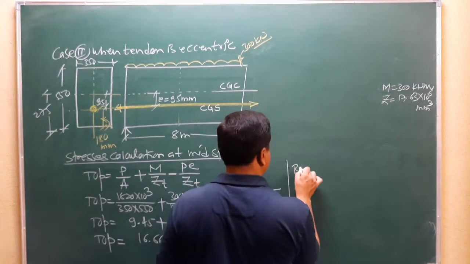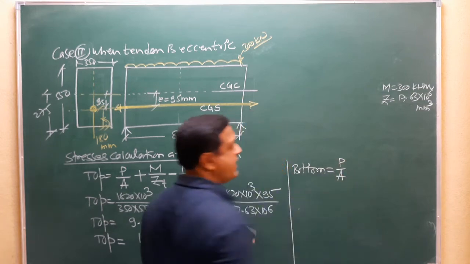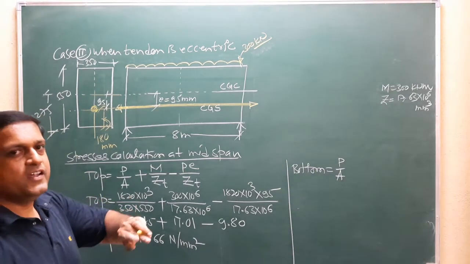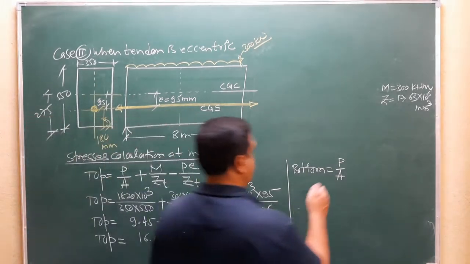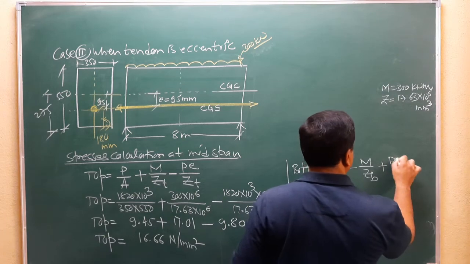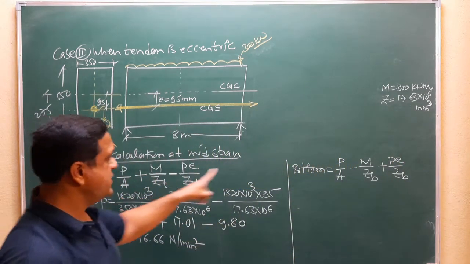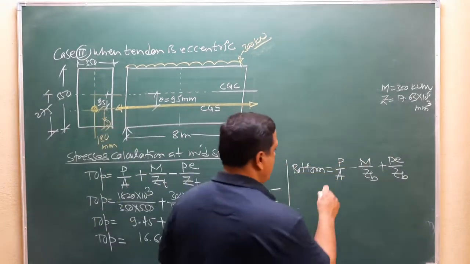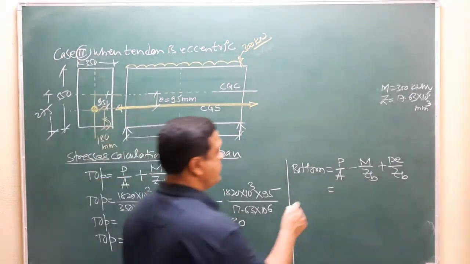What is the bottom fiber stress? So P by A. Write down all these terms, but change the sign, excluding this term. So P by A minus M by Z bottom plus P into E by Z bottom. So M by Z is plus here, minus; P into E by Z here minus, you have to put here plus. Now what is the term? P by A term is 9.45, already we have calculated.